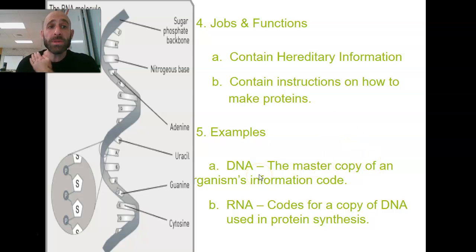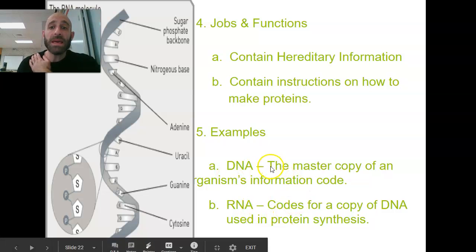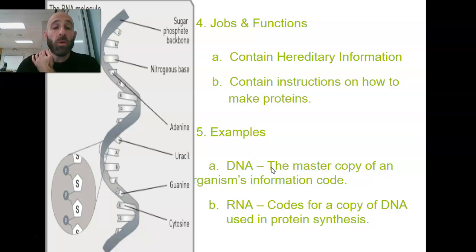What are the two examples of nucleic acids that we're going to talk about? DNA and RNA. So what is DNA? DNA is the actual master copy of an organism's genetic code. So every single one of your cells has a copy of your DNA in it. And it should be that they're all the same. So your skin cell has the same copy of DNA as your muscle cell.